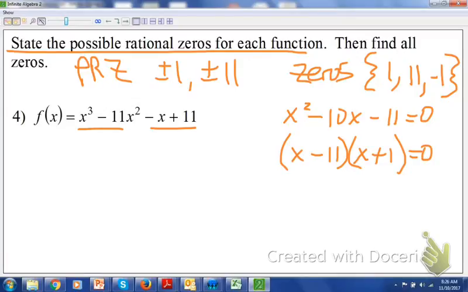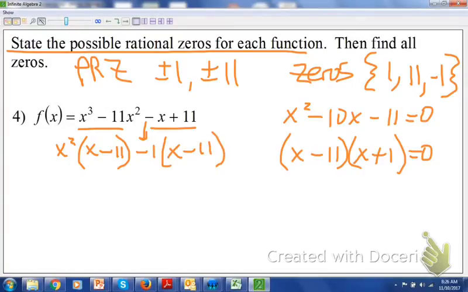The first 2 terms there have a common factor, x squared, right? And that'll leave me with x minus 11. This term is negative. We're going to take out a negative. Is that supposed to be 11? Yes. Thank you. We're going to take out a negative 1, and what will that leave us with? x minus 11, right?